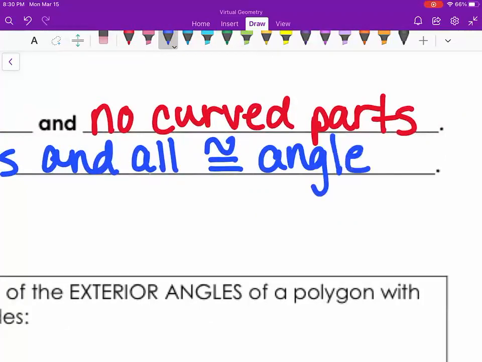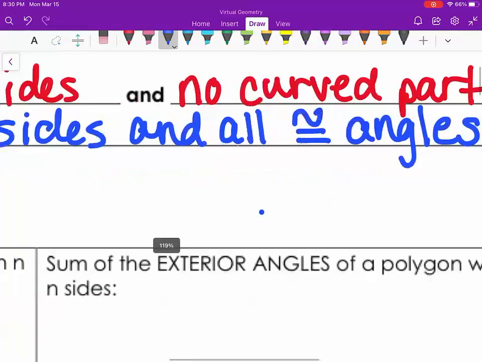So all of the sides are exactly the same length and all of the angles are exactly the same size. So that could be called an equilateral, equiangular polygon. But instead of saying equilateral, equiangular, we just say it's a regular polygon.